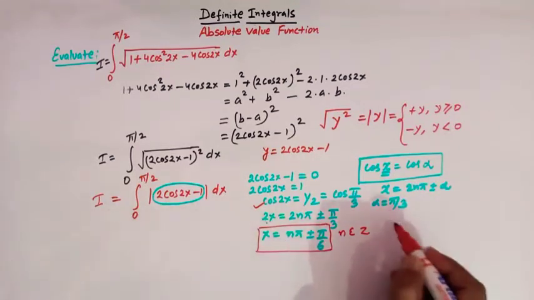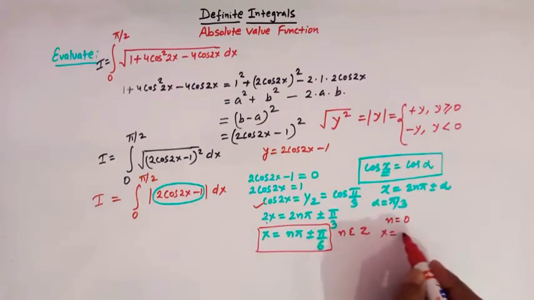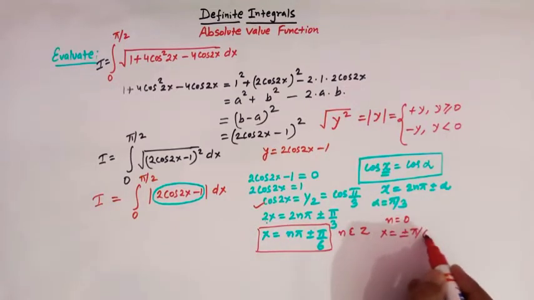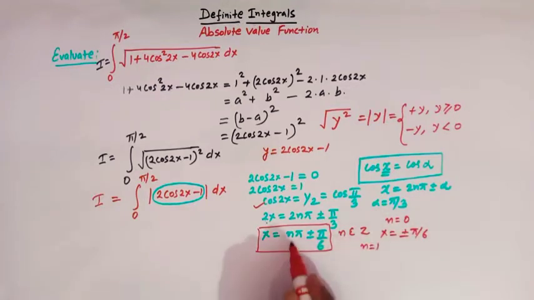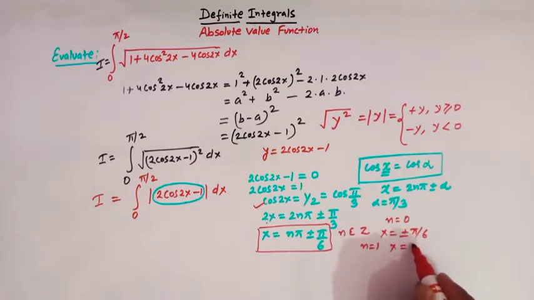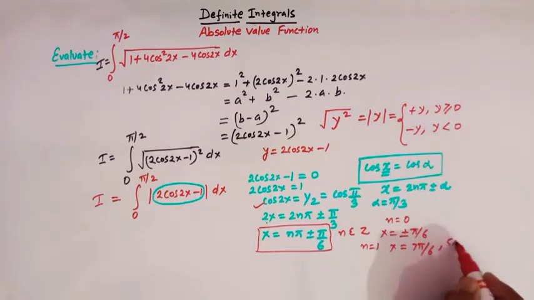Now if we take n equal to 0, then we have x equal to plus minus pi by 6, and if we take n equal to 1, then we have pi plus pi over 6, that is 7 pi over 6, and with the negative sign, 5 pi by 6.